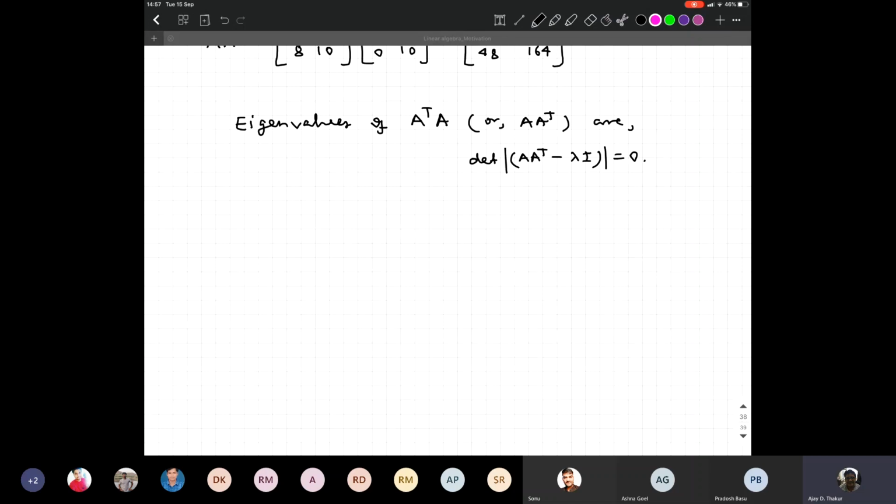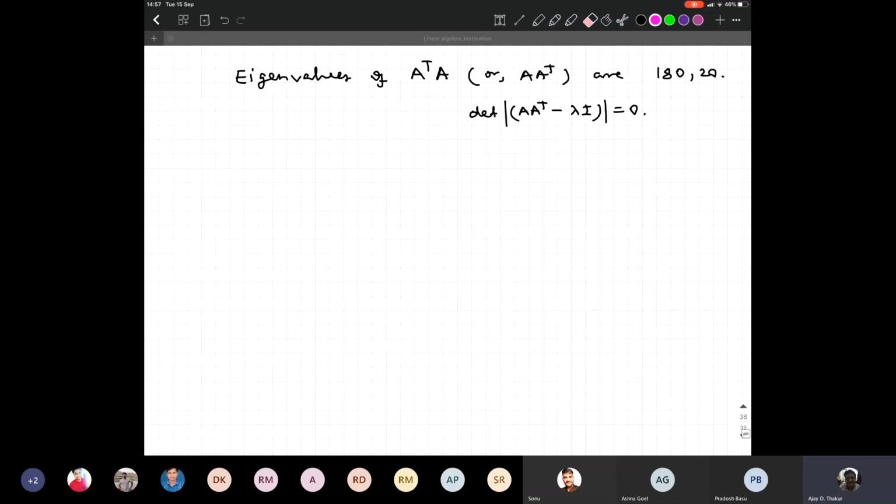Right, and you can see that these eigenvalues are going to be 180 and 20. This is a straightforward calculation, but please do that.